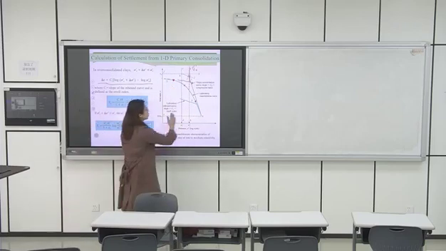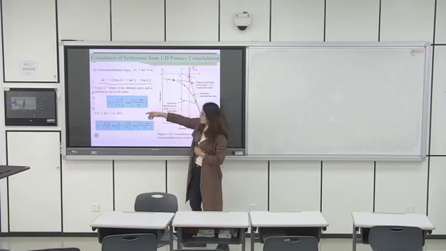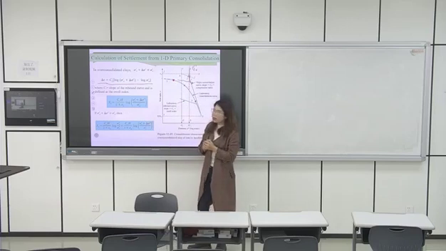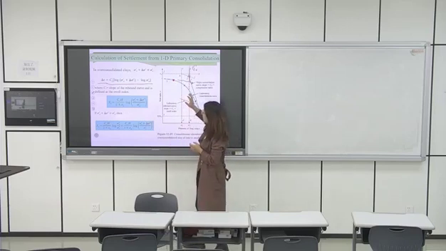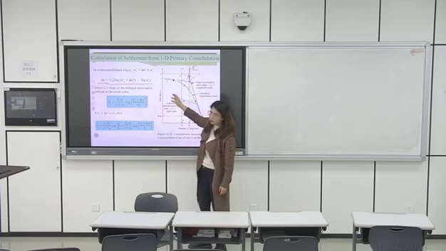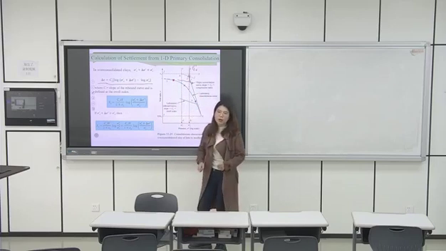We know that if both stresses are in this part, we use CC, and if both stresses are in this part, we use CS. But what happened if the initial state of the soil is in here, and after you give additional load, the soil state is in here? That is, in the initial state, the soil is pre-consolidated. The final state, the soil is normally consolidated.